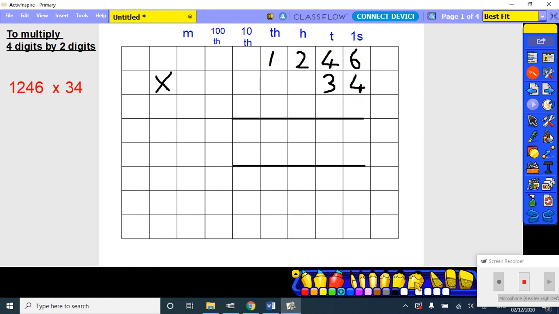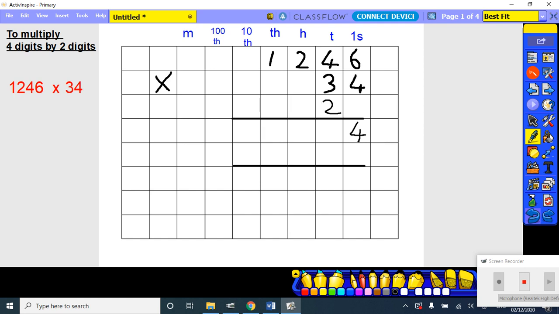So we shall start by doing 4 multiplied by 6, and 4 multiplied by 6 is 24. My 4 will go here, and my 20 moves into our tens column. And you'll notice I left a nice big space here for when I carry my numbers.